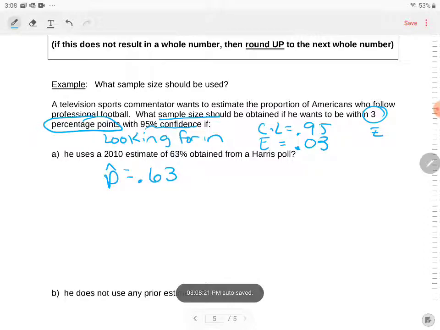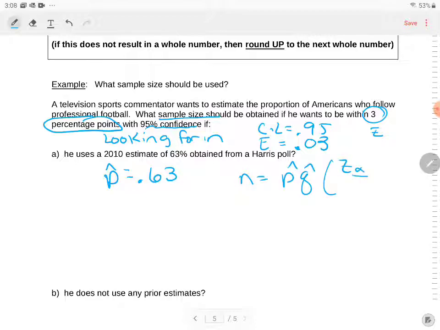Since we are given p hat, we are going to use the formula that involves p hat. So the formula we want to use is n equals p hat, q hat, z alpha over 2 divided by E, squared. All right, so we have p hat.